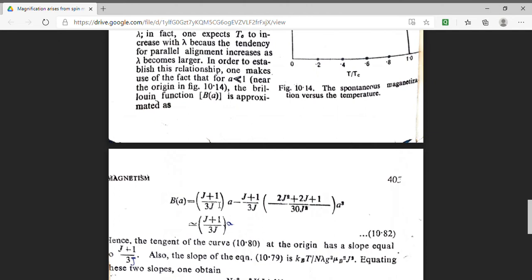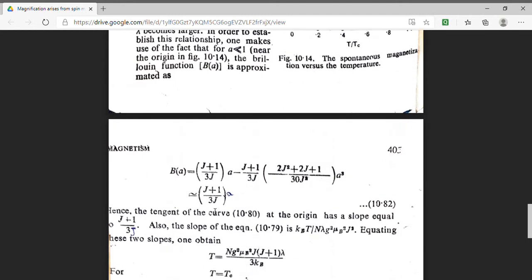For small values of a, we can neglect the second term. So we are left with Ba equal to (J plus 1) upon 3J multiplied by a. That means if we plot Ba with a, we will get a straight line near the origin, and the slope of this curve will be equal to (J plus 1) upon 3J.